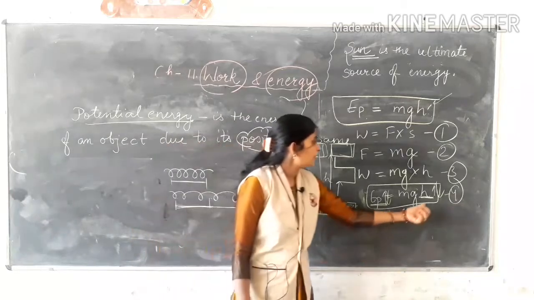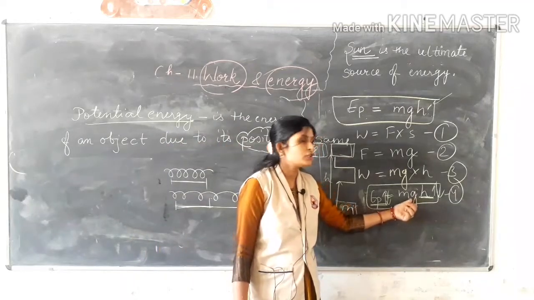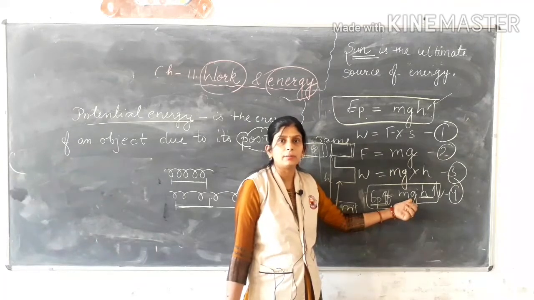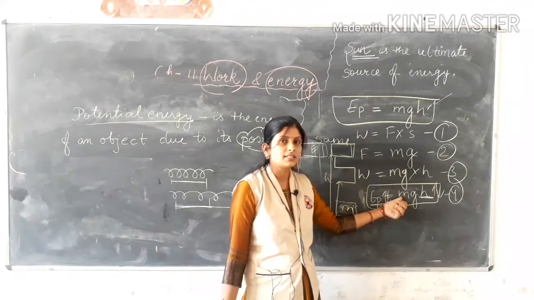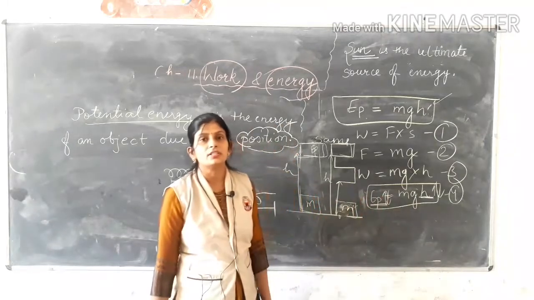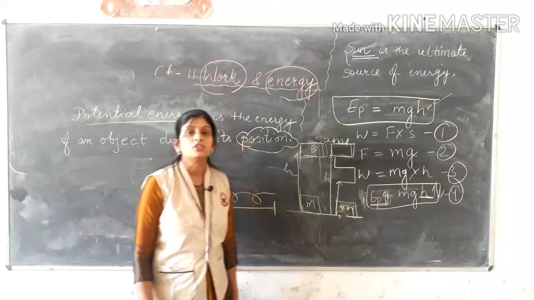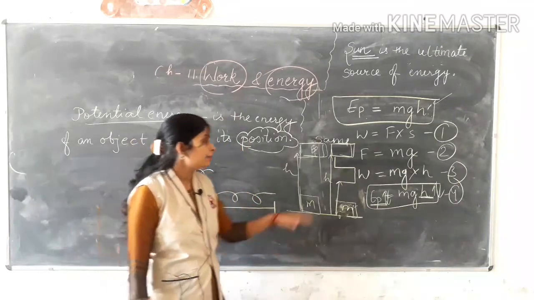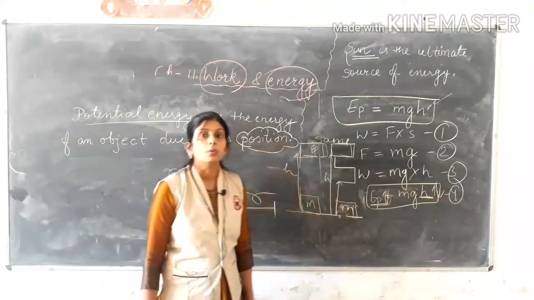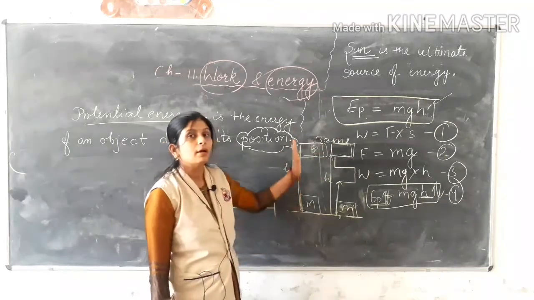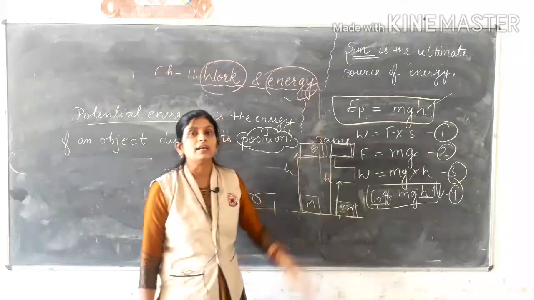So their heights are same. Acceleration due to gravity, small g, is always constant, 9.8 meter per second square. Masses are same, so potential energies of both the objects are same. So this shows that potential energy depends on the vertical height from the ground, not on the path by which it is raised to that height.